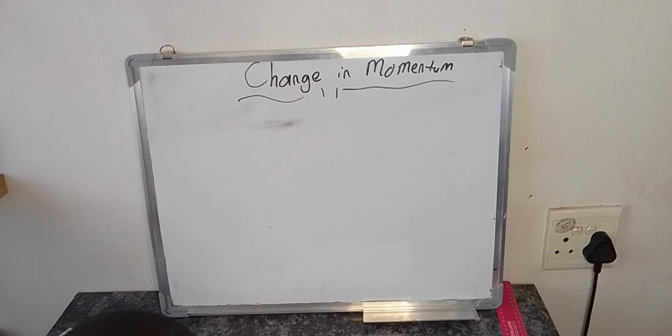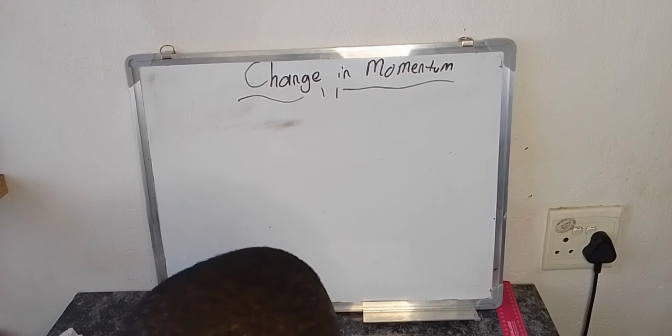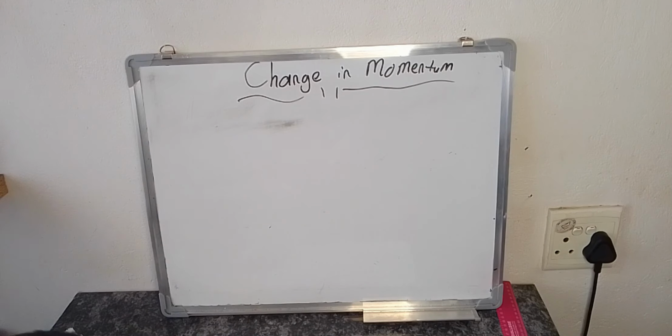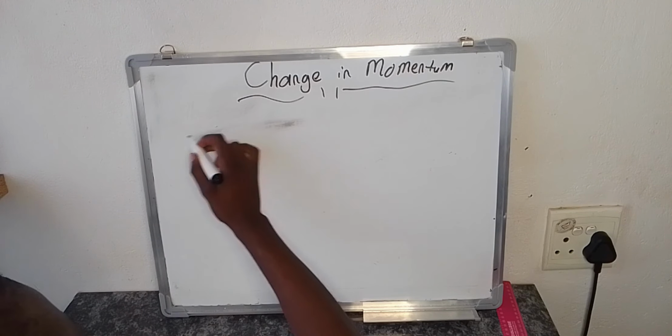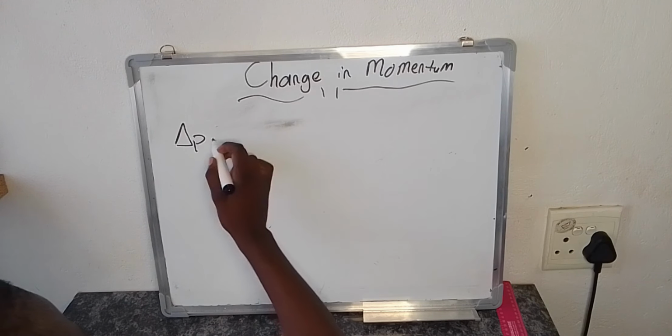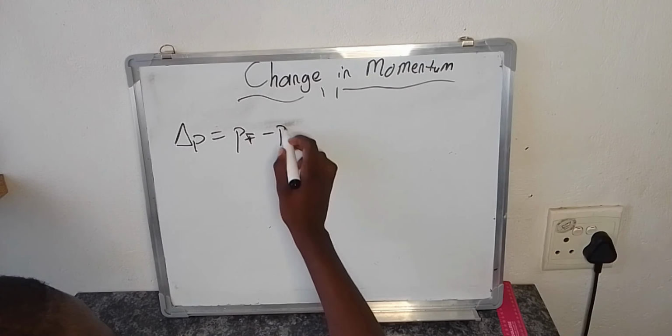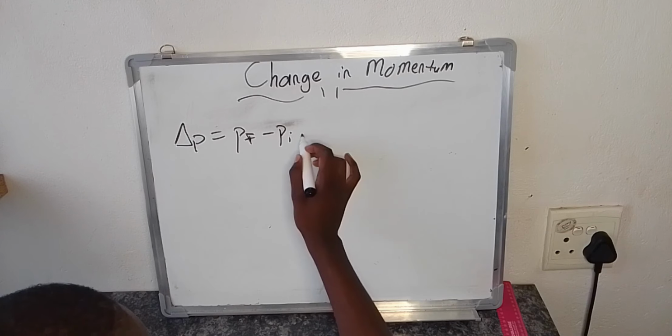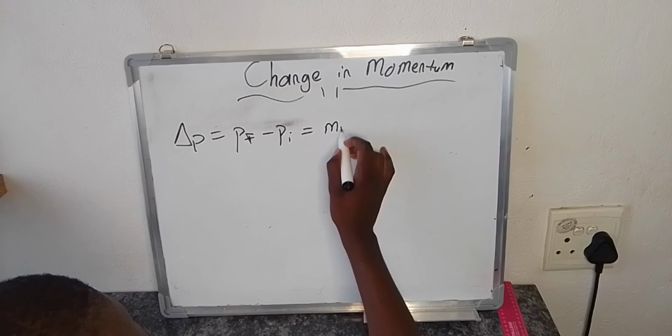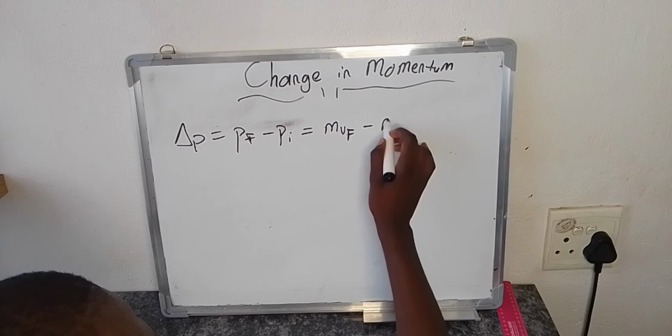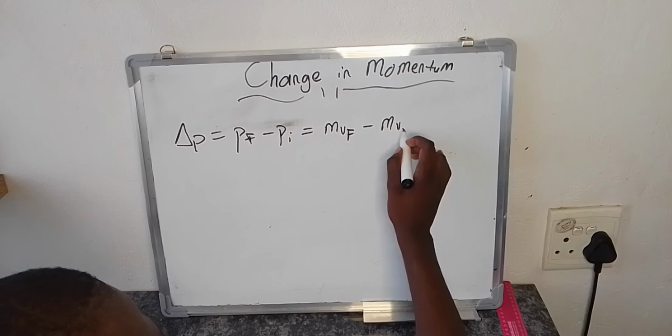So now let's talk about change in momentum. The formula is: change in momentum is equal to P final minus P initial. Sometimes we can just say mvf minus mvi.